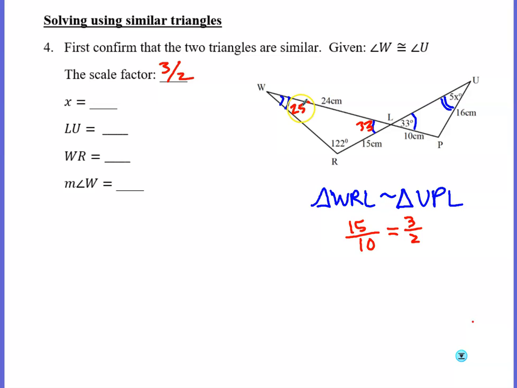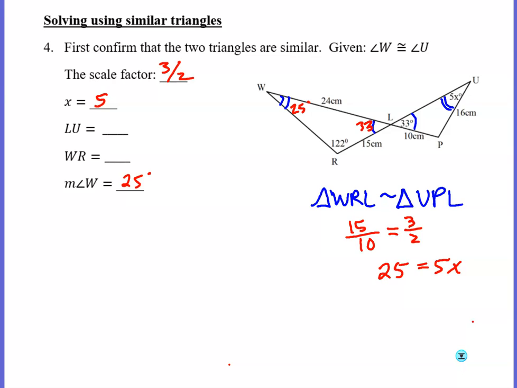And then remember, w is corresponding to u, so those two things are equal. So that means that this angle also has to be 25. So then x just ends up being 5. Okay, the measure of angle W we just said was 25, so we're good to go there. All right, now let's start solving for some sides. We're going to set up some proportions.